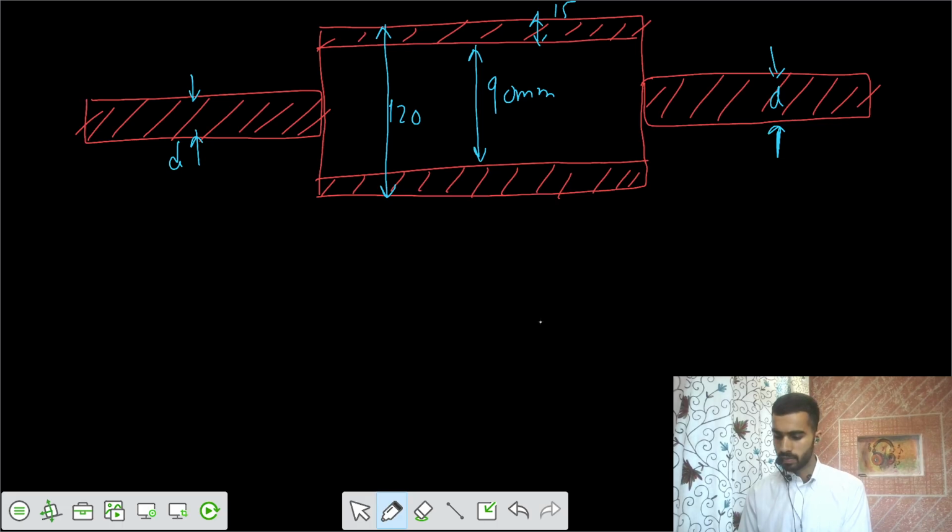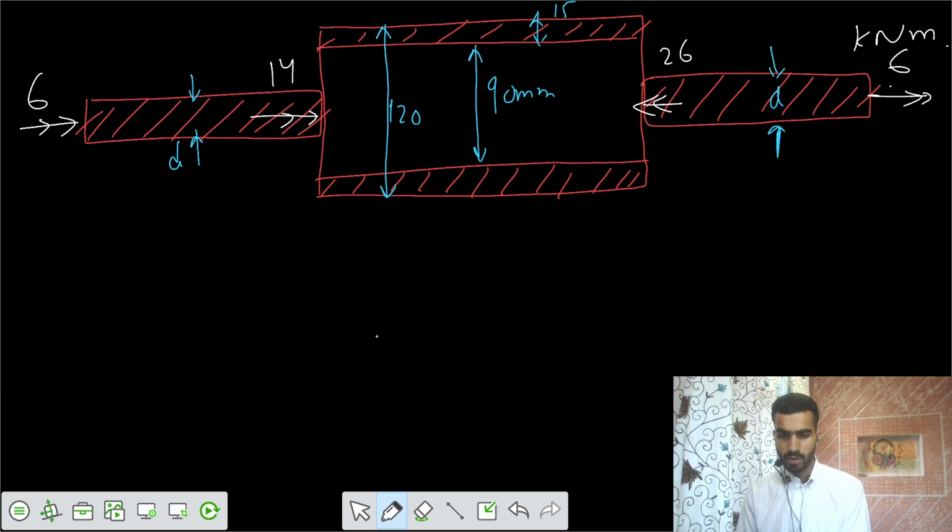The torque you are applying is 6 kilonewton meter here, 14 here, 26 here, and 6 kilonewton meter here. The lengths of those shafts are 0.9 meters, 0.7 meters, 0.5 meter.